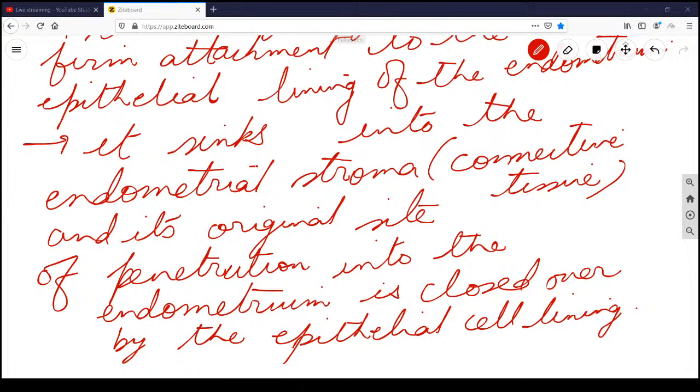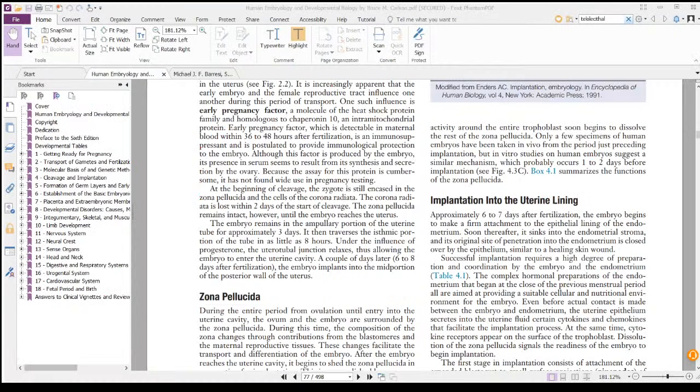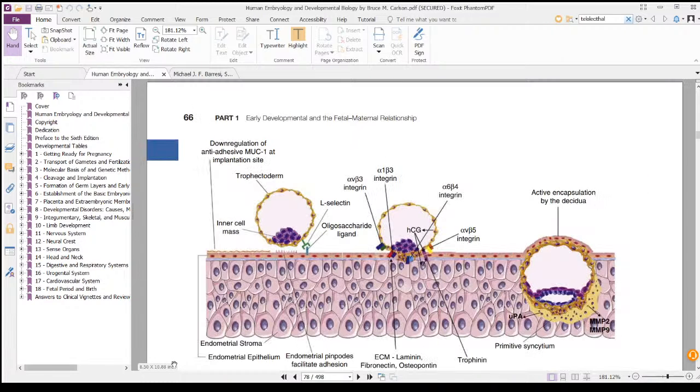Just found the image. Just look at this image.